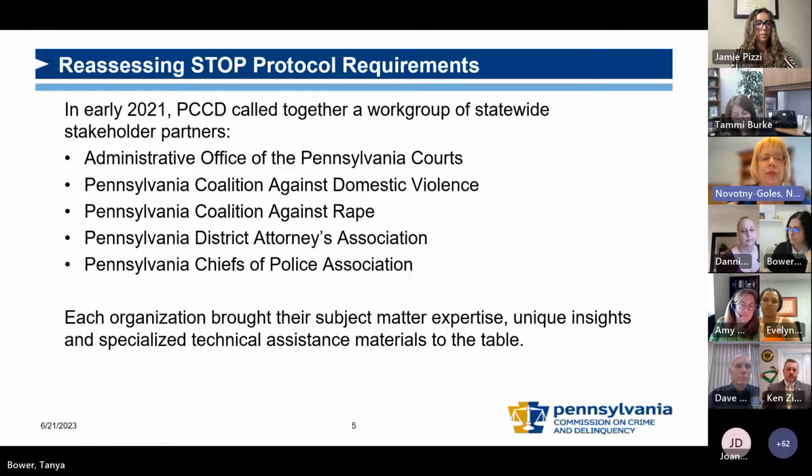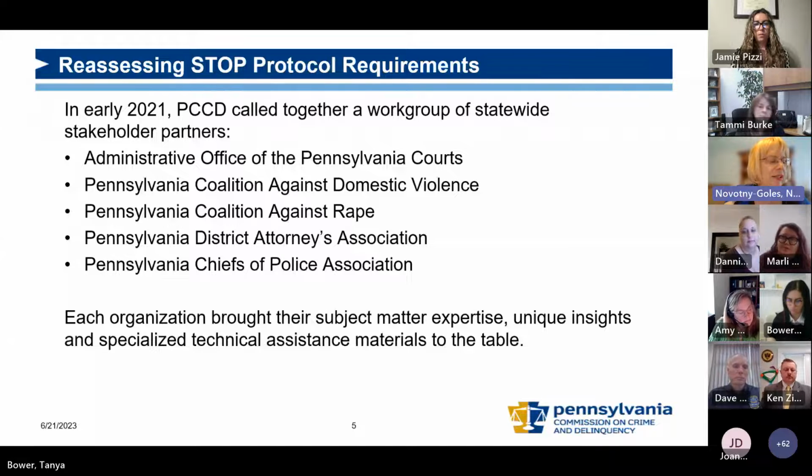And what we wanted was that each organization brought their subject matter expertise, their unique insights, and specialized technical assistance materials to the table. The work group met 18 times, and the tools have gone through numerous revisions. So we've really put thought into this and attempted to incorporate the perspectives of all the systems.